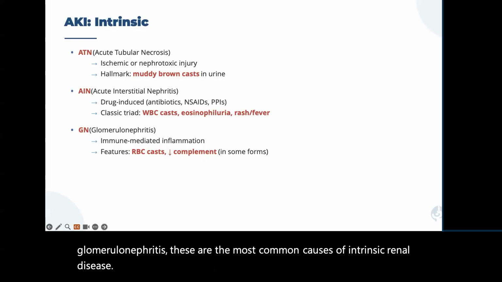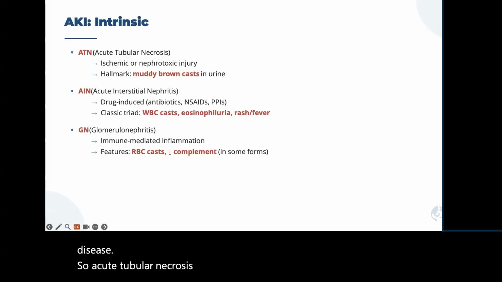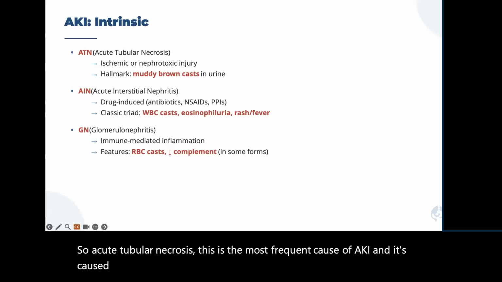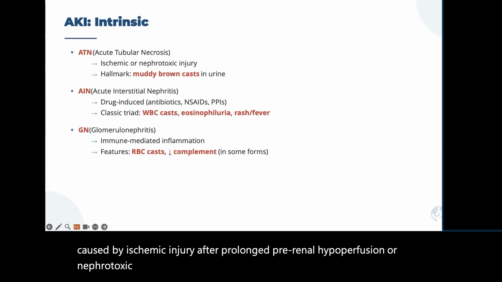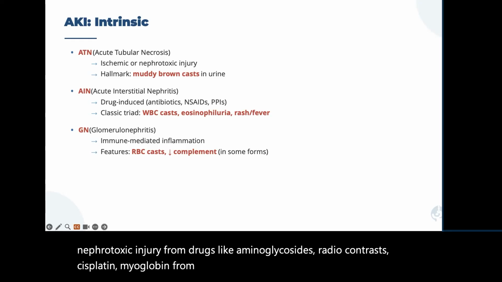So acute tubular necrosis is the most frequent cause of AKI, and it's caused by ischemic injury after prolonged prerenal hypoperfusion or nephrotoxic injury from drugs like aminoglycosides, radiocontrast, cisplatin, myoglobin from rhabdomyolysis. All of these things can damage the kidney.